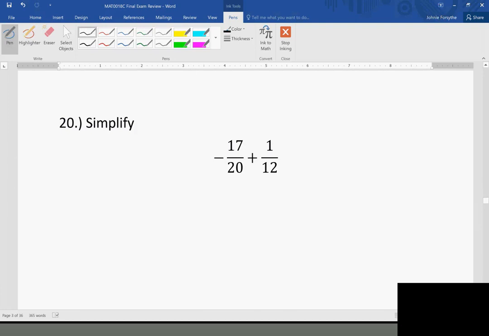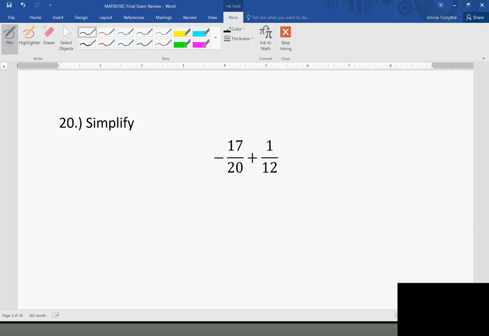Okay, so now we're simplifying -17/20 plus 1/12. So what I'm going to do first is let's see what we have with common denominators first. So let's see here. We have 20 and 12.